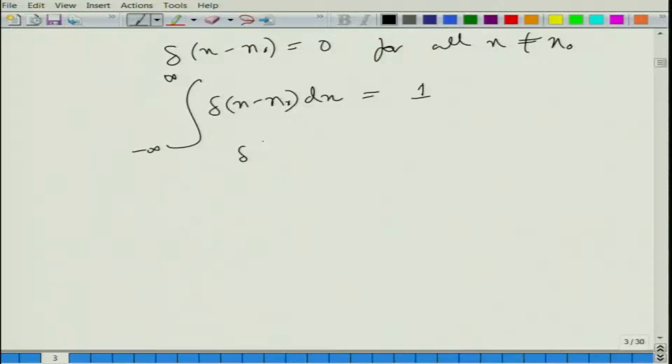So, that means this is equal to a very large quantity exactly at x equal to x naught, where epsilon is tending to 0. So, this will kind of blow up.